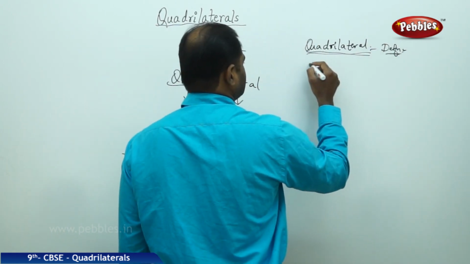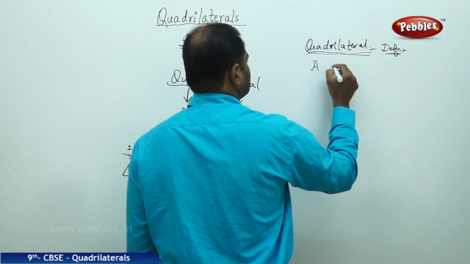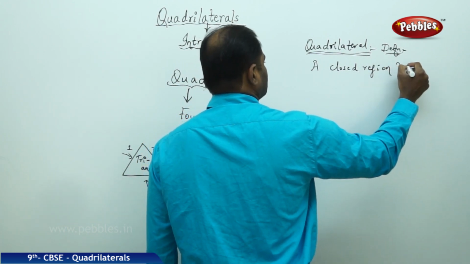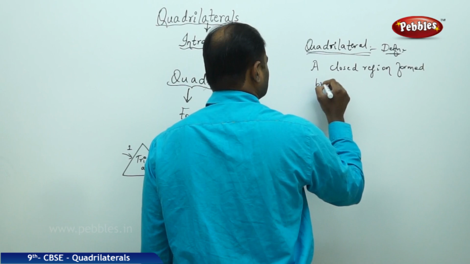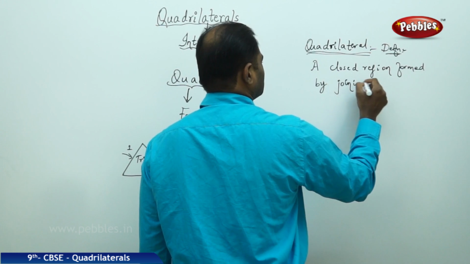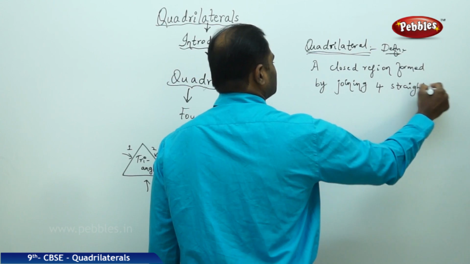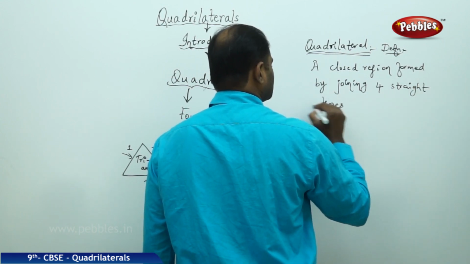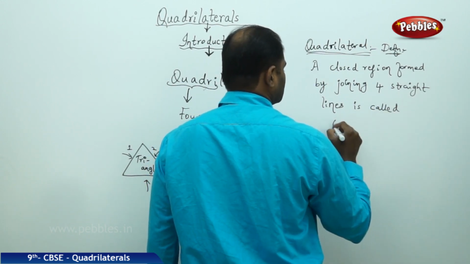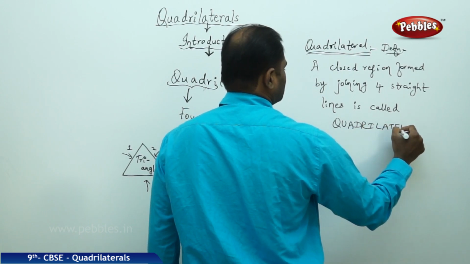Quadrilateral, in definition: a closed region formed by joining four straight lines is called a quadrilateral.